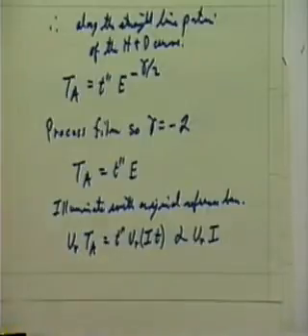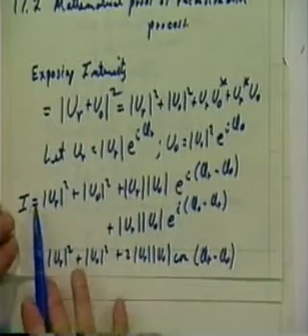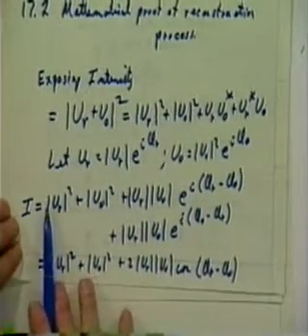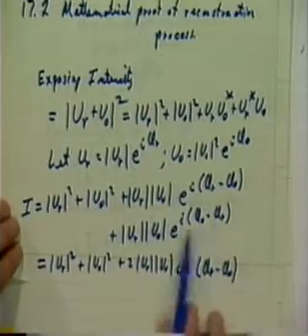T is just a constant, the square root of T single prime. So now if we go back here, we're going to get light that comes out that goes as U sub R times this mess right here.